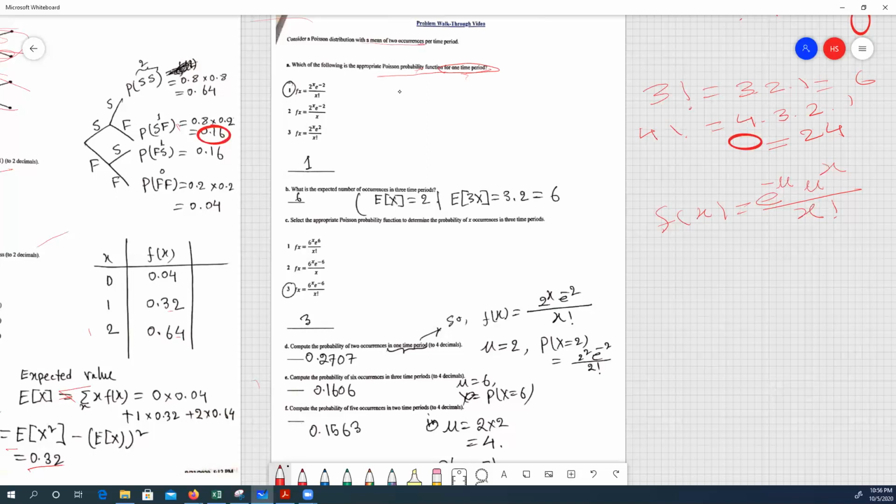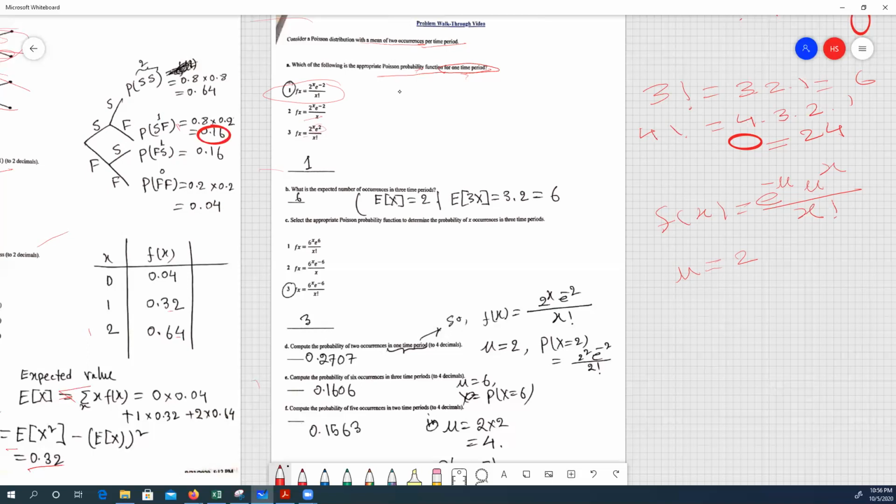Because it is given that per time period, the mean is 2 occurrences. So here mu is equal to 2, and f of x will be e to the power minus 2 times 2 to the power x divided by x factorial.